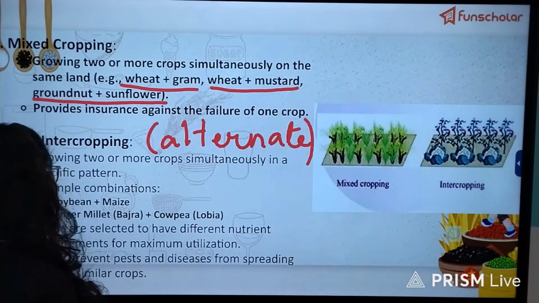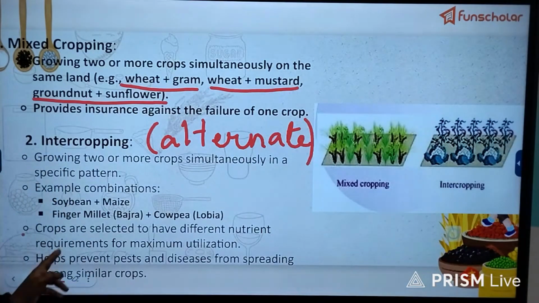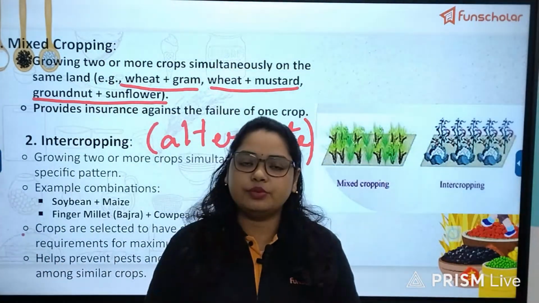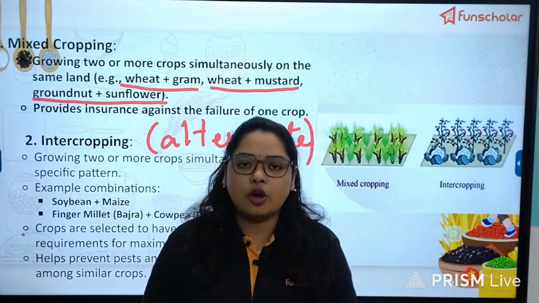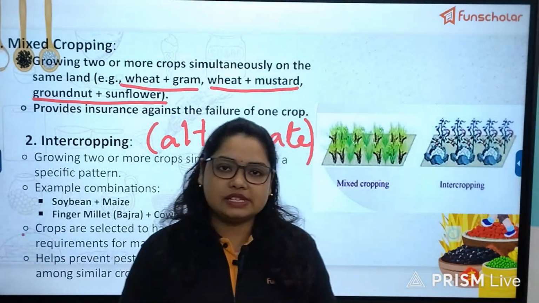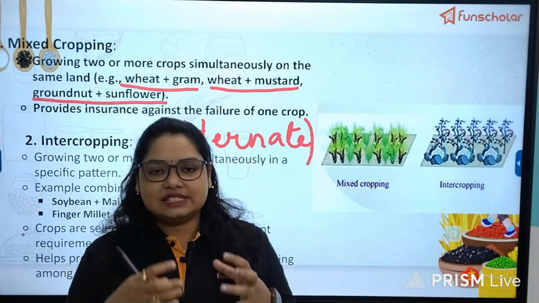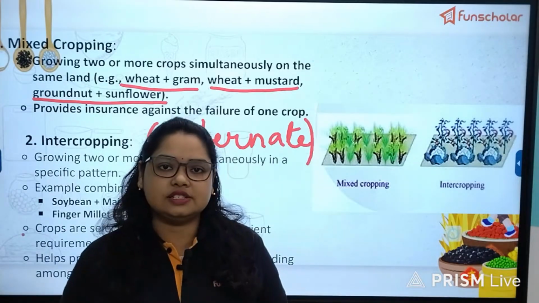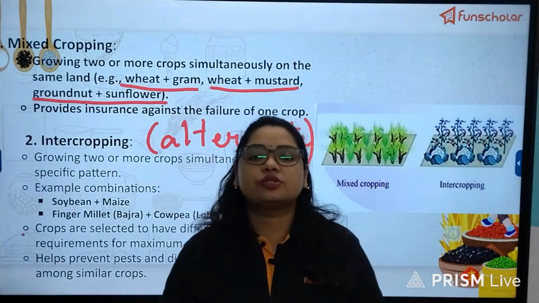Another benefit is that it will help prevent pests and diseases from spreading among similar crops. What happens when a single crop plant is infested with any disease or pest? Since the same genetic variety is present in the neighboring plants also, it spreads quickly.